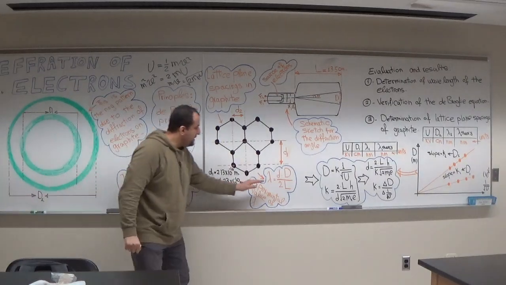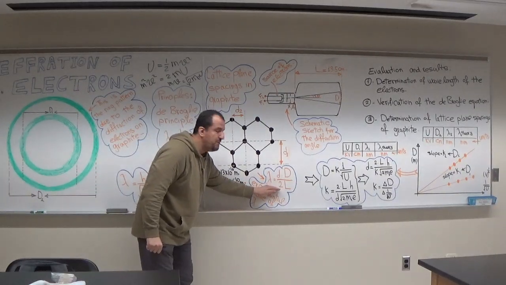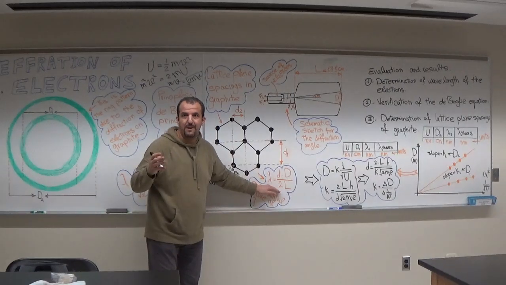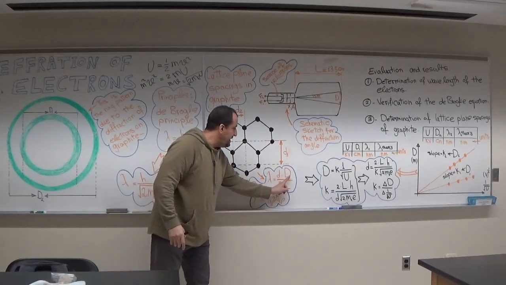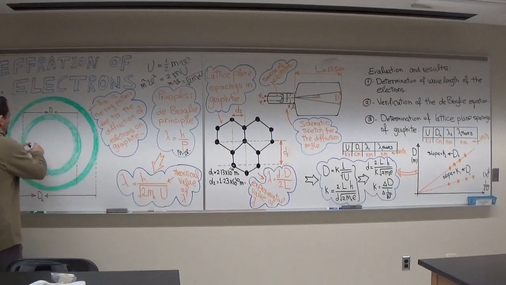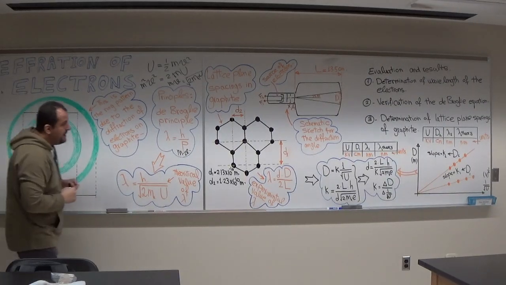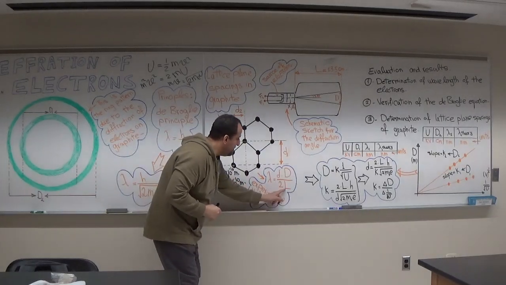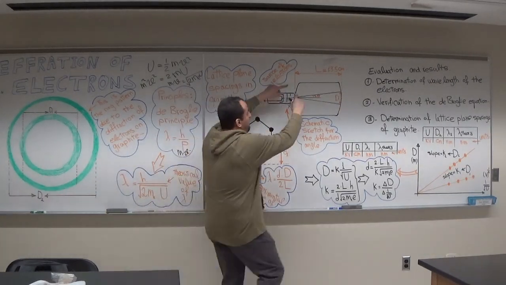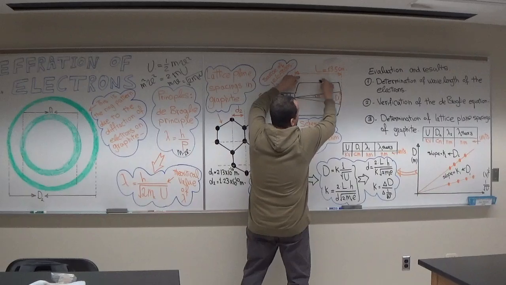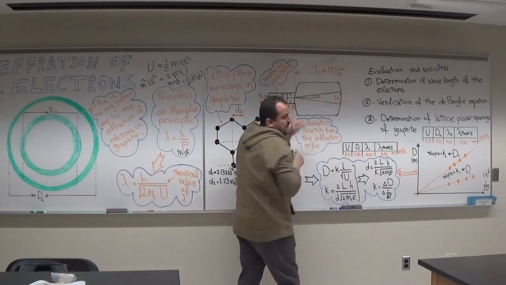And the equation that I provided you right here can help you to calculate the wavelength experimentally by knowing d, which is the diameter of these rings, the diffraction rings. And if you know L, guys, so what is L? L actually is this distance right here. So it's equal to 13.5 centimeters.